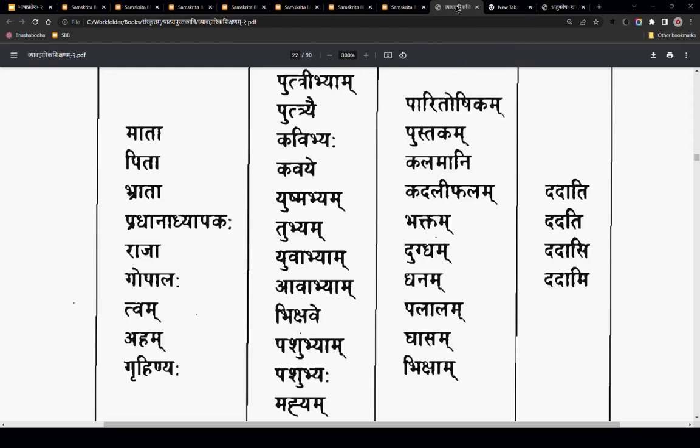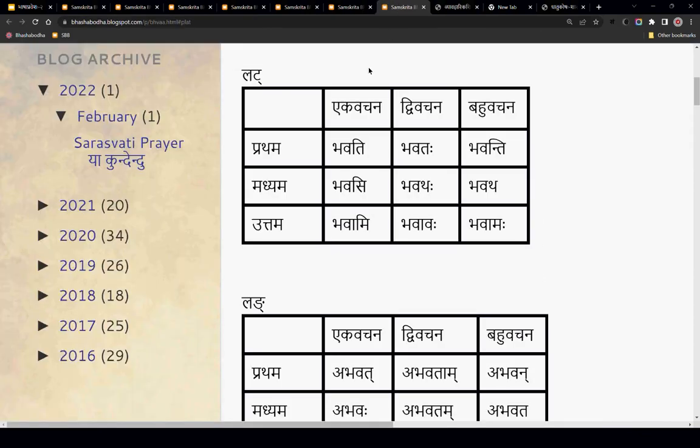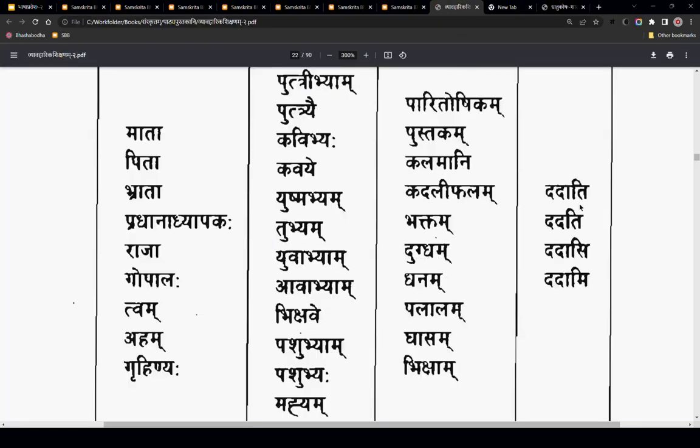If the kartrupadam is tvam, which purusha should we use? Madhyama purusha ekavachana, because it is tvam. So here, which one is madhyama purusha ekavachana in the last column? Dadasi. So the sentence would be: tvam mahyam dugdam dadasi.